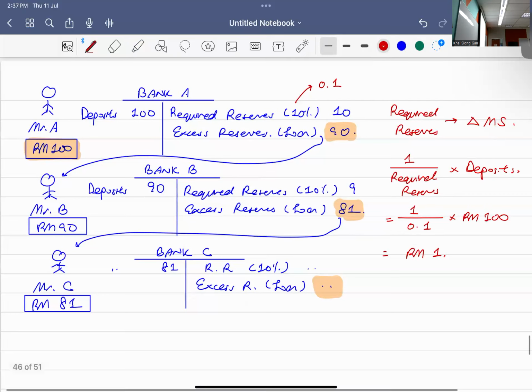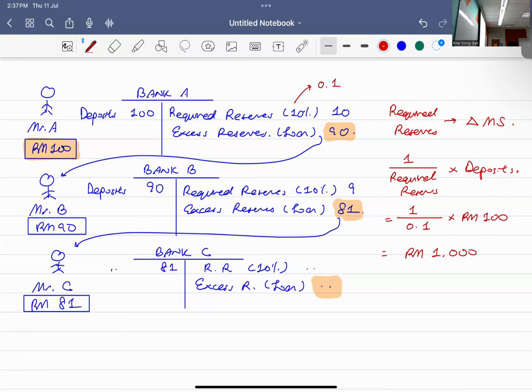Yeah, 1,000. So you see from the initial 100 ringgit by the Mr. E, right? Okay, and with the 10% of the reserve, it will generate a total of 1,000 ringgit Malaysia in the economy itself. Okay, so therefore, do you realize one thing? Because of this required reserve, it will make some influence as well.